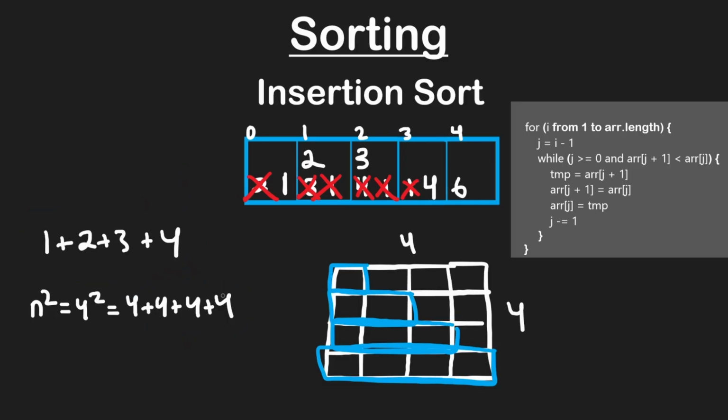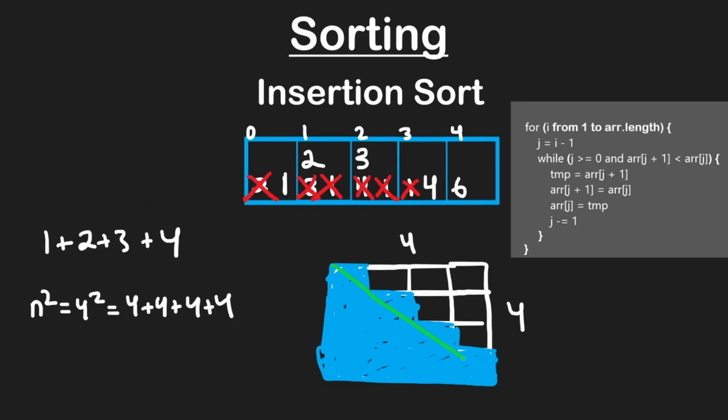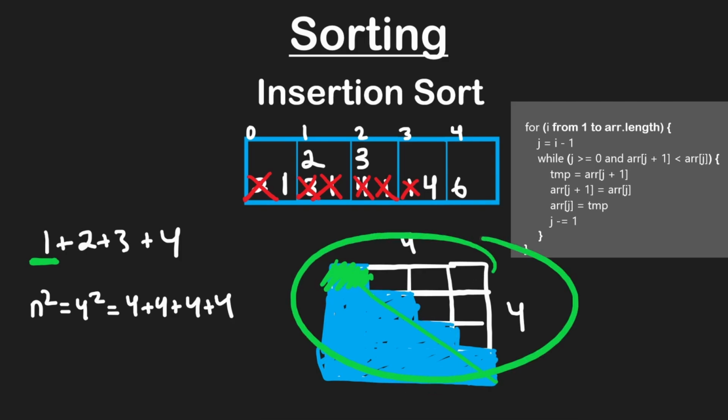And not only that, this is actually pretty much exactly half the size of n squared. And we even talked about how the first term in this case doesn't actually apply. So maybe this isn't even there, but it's still, you can see, approximately half the size of n squared. We didn't even use a math proof to figure this out. This is obvious enough from looking at a picture.